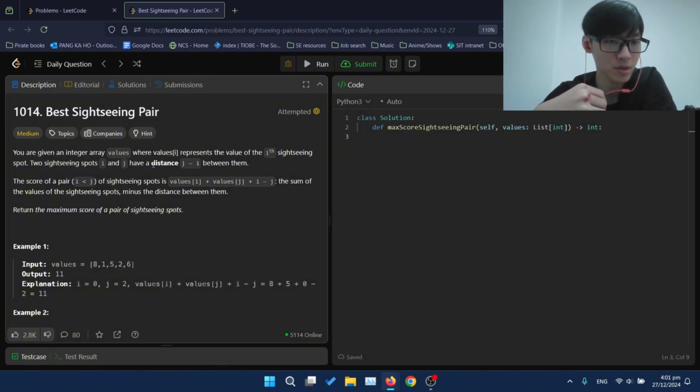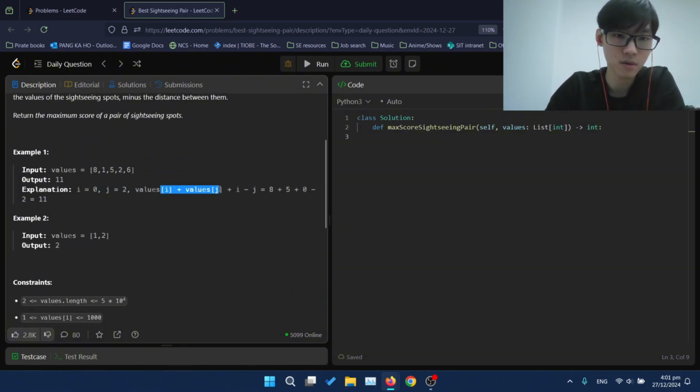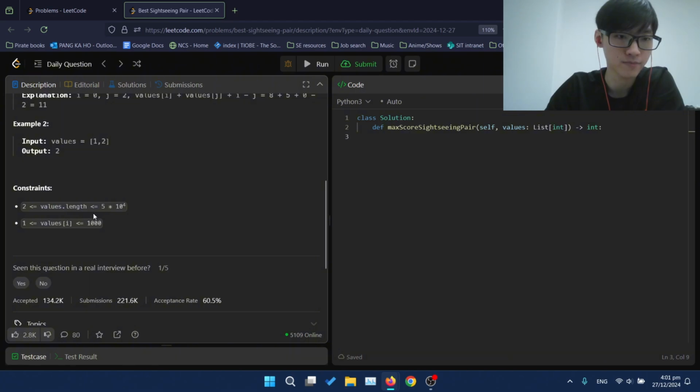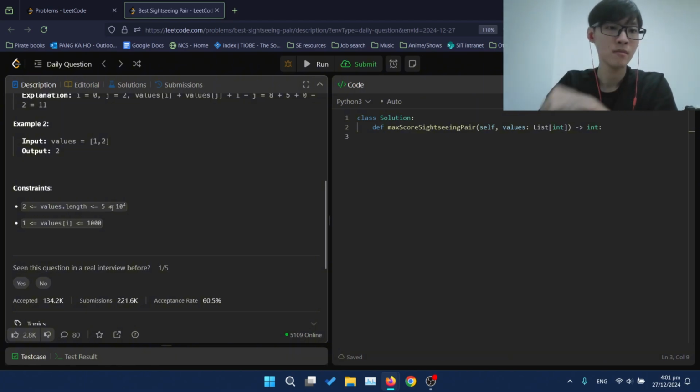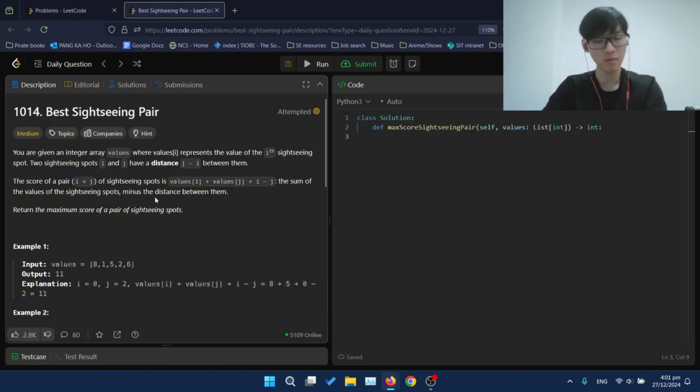Return the maximum score of a pair of sightseeing spots. In the example, i equals 0 and j equals 2: 8 plus 5 plus 0 minus 2. We always have two values, the length is up to 5,000, and values[i] is only positive.